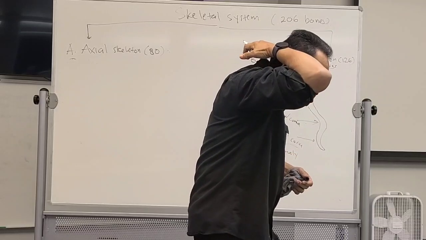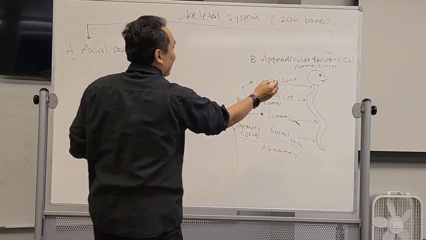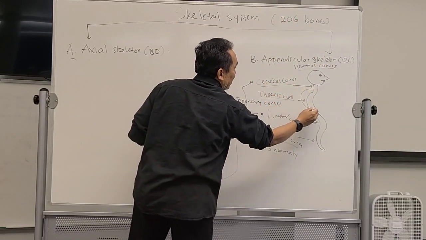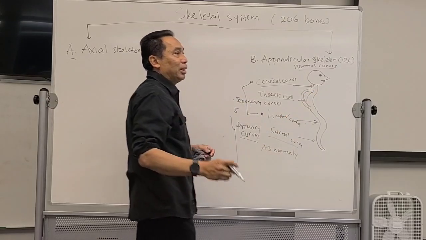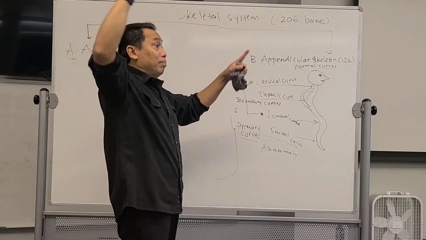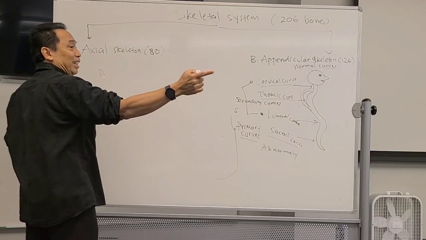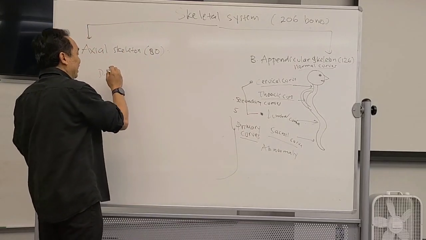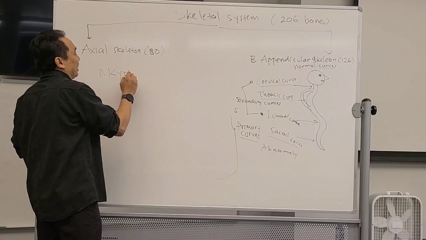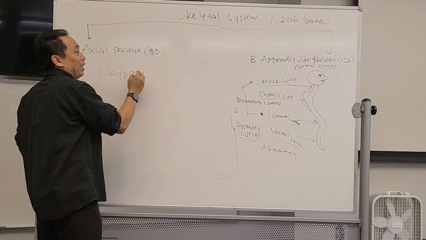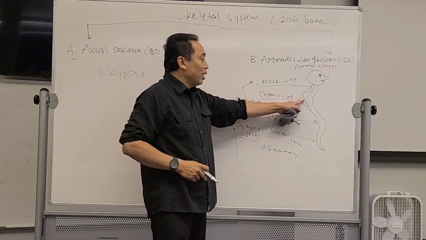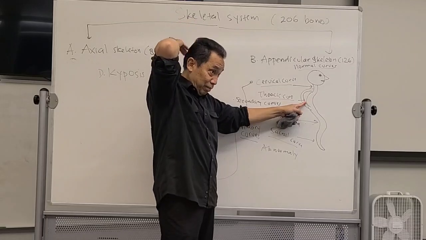You've seen the movie of Beauty and the Beast? What happened with that? The thoracic curve is exaggerated. It's kind of bulging. So what do you call that? You just said it, Dalton. Kyphosis.